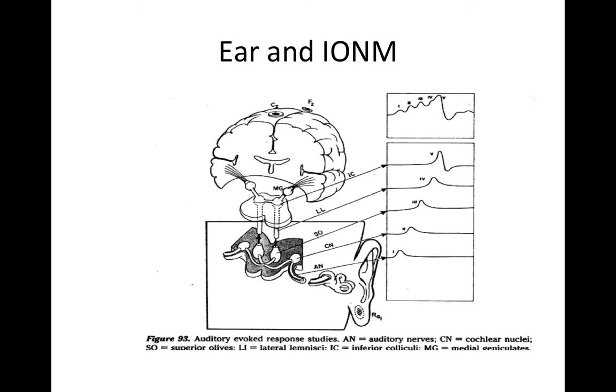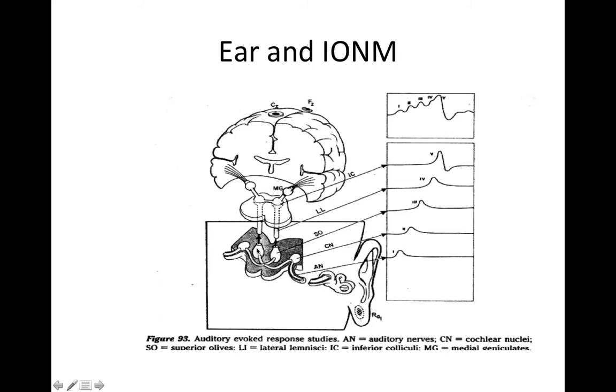So one more time, if you remember E. coli for your generators of your auditory evoked potentials: wave 1, E, the extracranial portion of the auditory nerve. Wave 2, C, the cochlear nucleus. Wave 3 is the contralateral superior olivary complex in the pontomedullary junction.